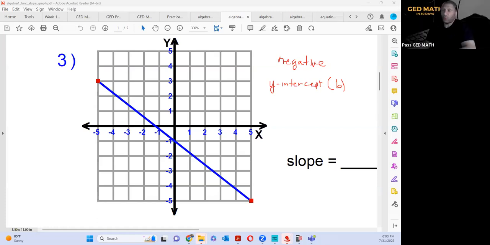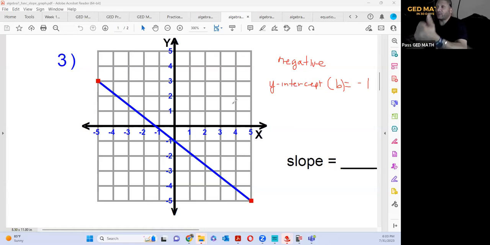No. Okay, the y-intercept is where the line crosses the y-axis. So where does this line cross the y-axis? Is that -1? Negative. So the y-intercept is -1. So we identified that the slope is negative, and we identified the y-intercept is -1.